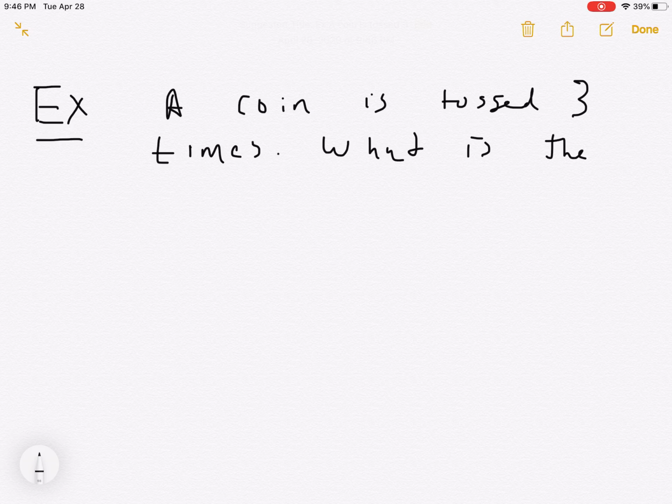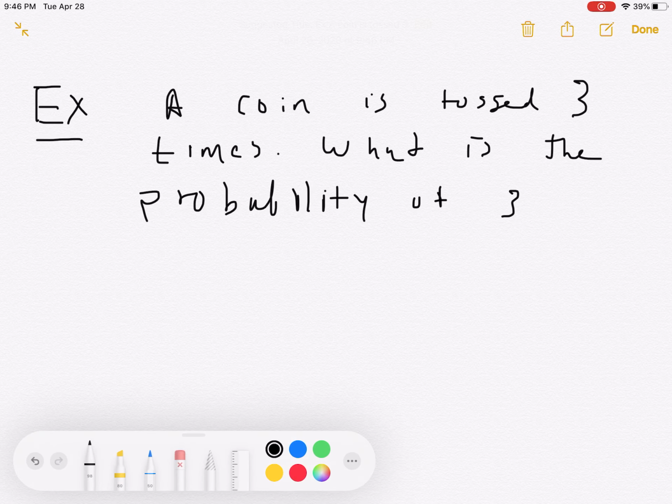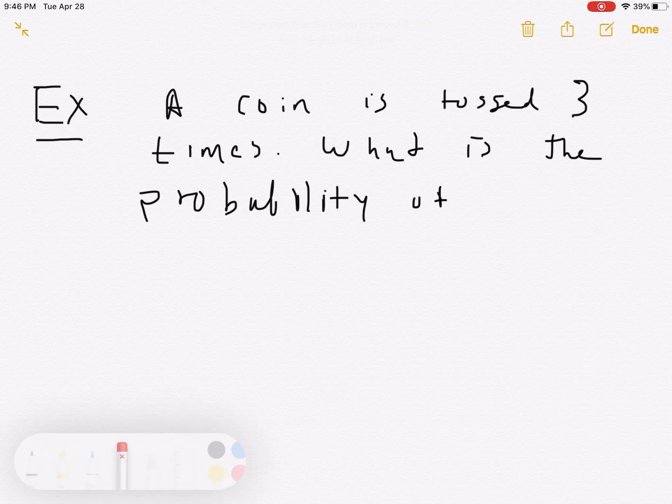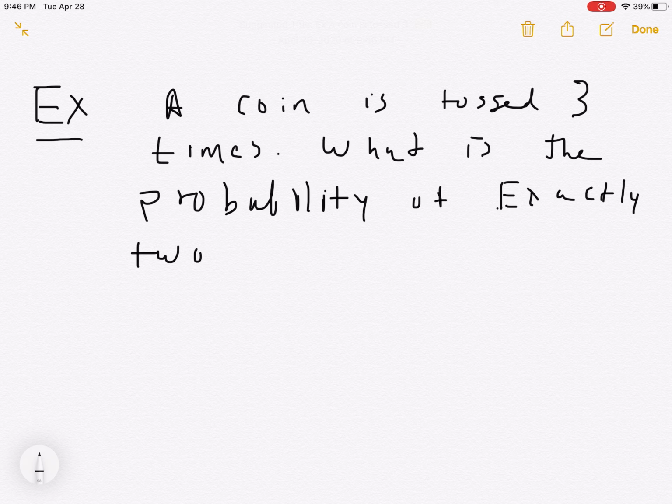What is the probability of exactly 2 heads?